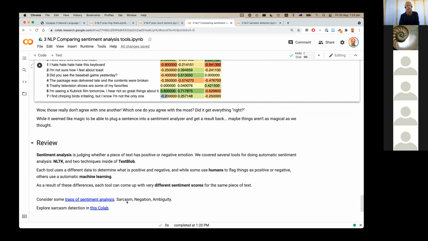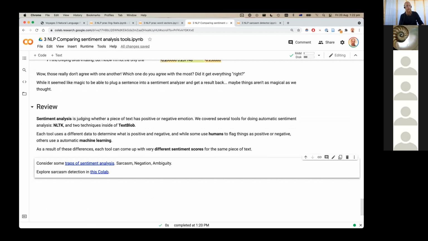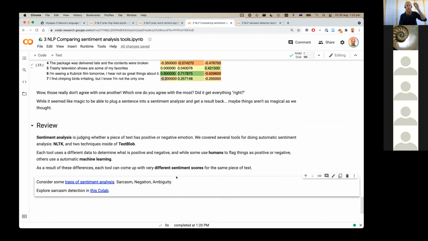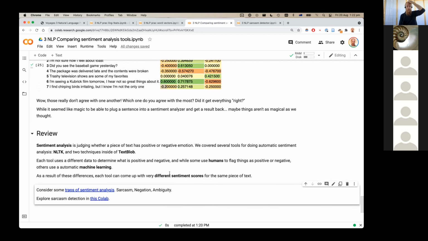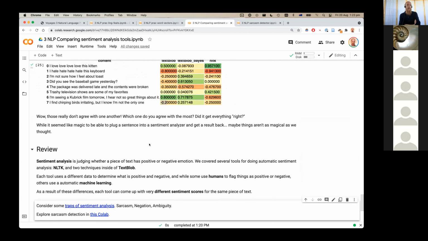One of the takeaways, which we touched on in the lecture, was the traps of sentiment analysis, particularly the concepts of sarcasm, negation, and ambiguity. Sarcasm is a particularly important one to consider, because computers have a very poor ability to detect sarcasm just through the words themselves.